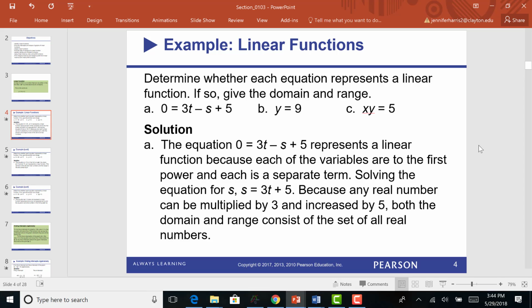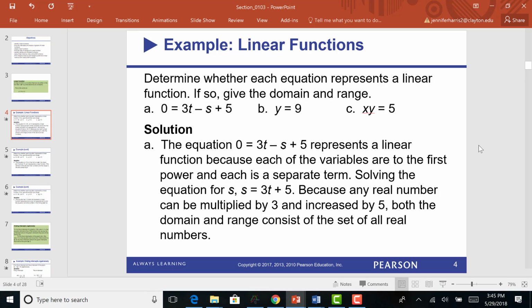S. So we added S to both sides, and we ended up with S equals 3t plus 5. Done. Is it linear? Yes. Is it in y equals mx plus b form? Yes, it is. Did we use x and y? No.